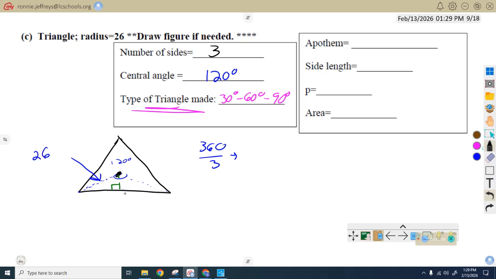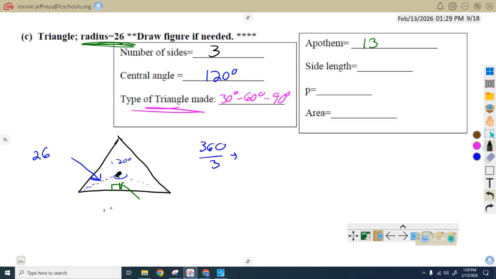All right, so if that's 26 and that's the hypotenuse, the apothem, what is half of 26? 13. Okay. Now, that's this short side, which is a, the apothem.